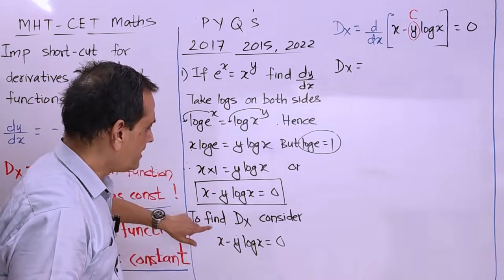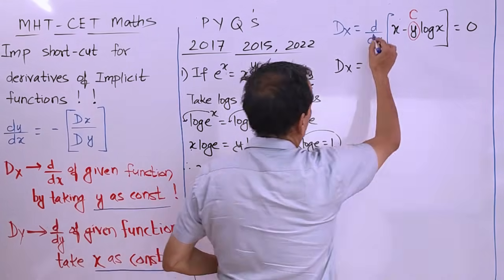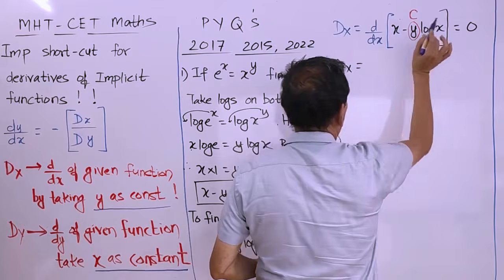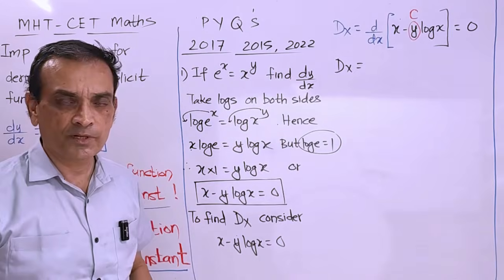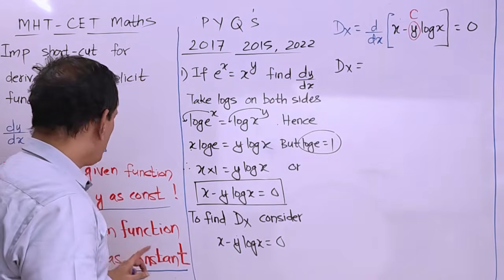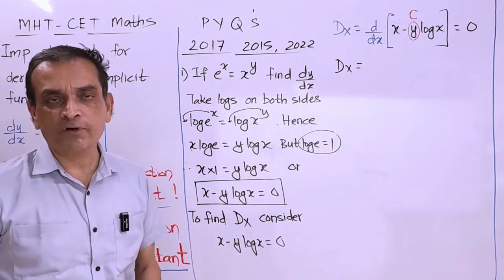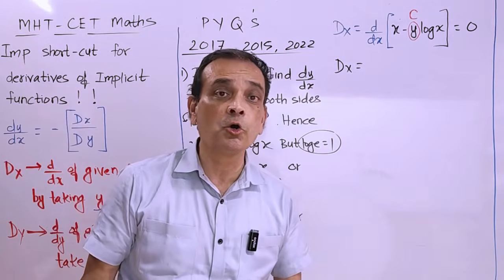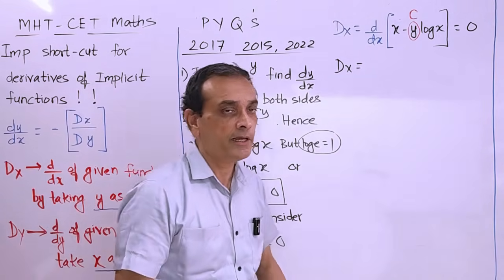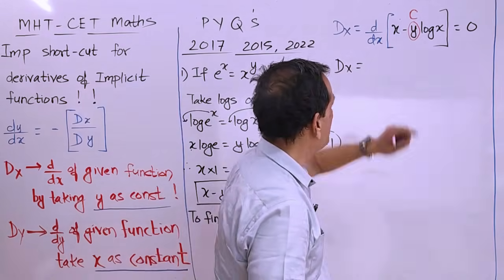Simple. यहाँ पे dx है ना, तो d by dx करो, x minus y log x. Very simple. अगर dy है तो d by dy करो. Differentiate with respect to y, which we don't do often, but we are doing over here. Anyway, अभी dx पे concentrate करेंगे.